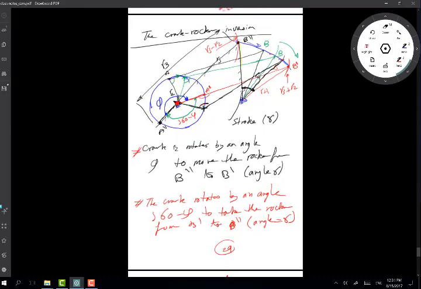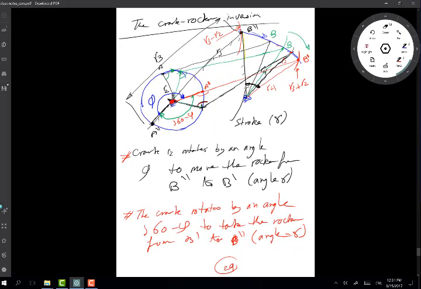What this tells me is that from point B double prime to B prime, the rocker moves a distance gamma in a larger time, which is T1. But when it comes back from B prime to B double prime, it moves the same distance in a smaller time frame, which is T2.